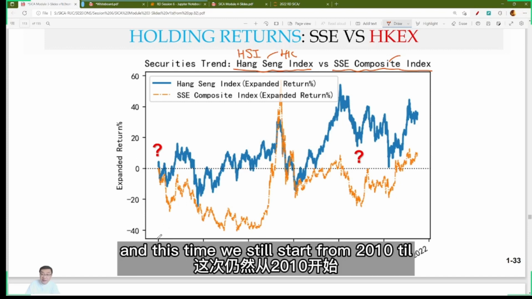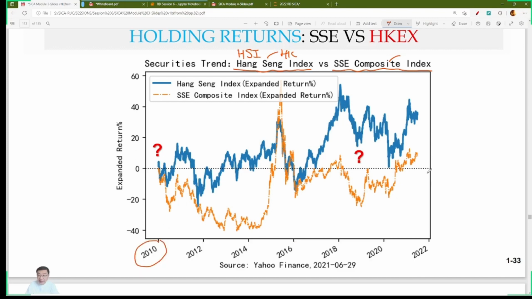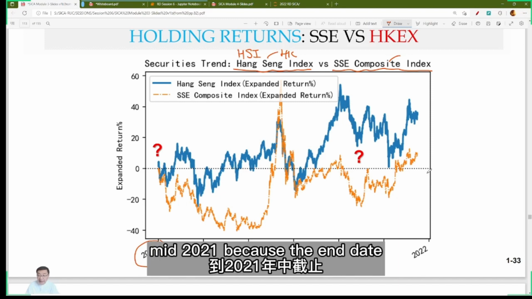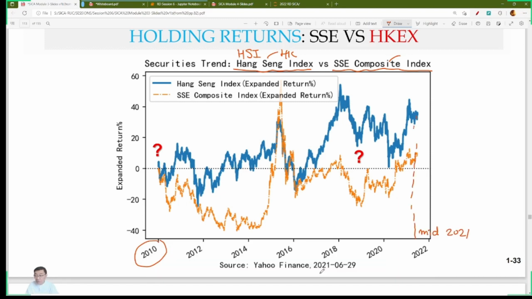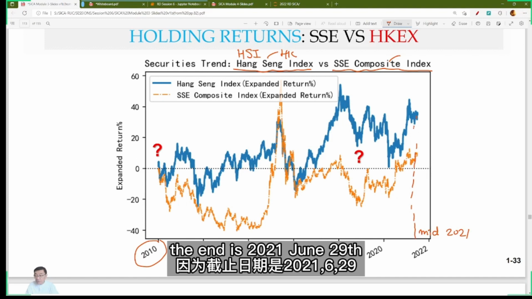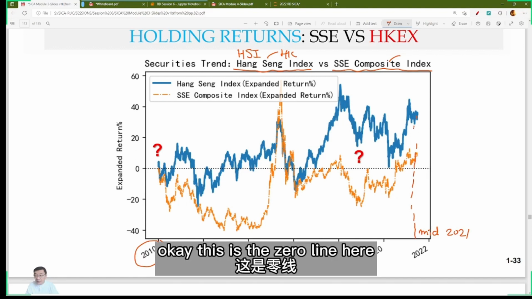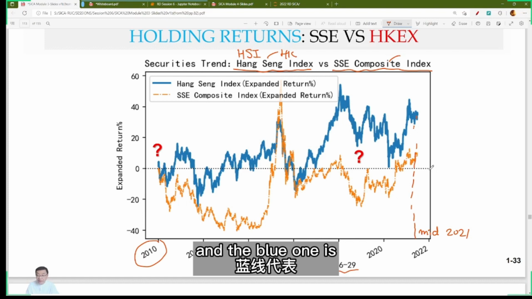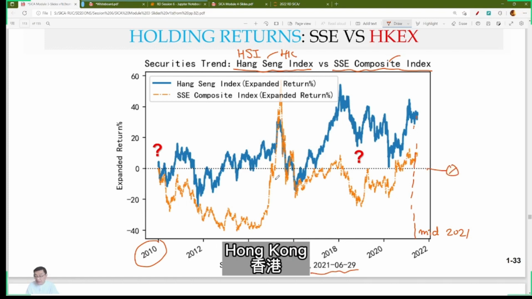And this time, we still start from 2010 till actually mid-2021, because the end date is 2021, June 29th. Okay, this is the zero line here. And the blue one is Hong Kong. And the orange one is Shanghai.